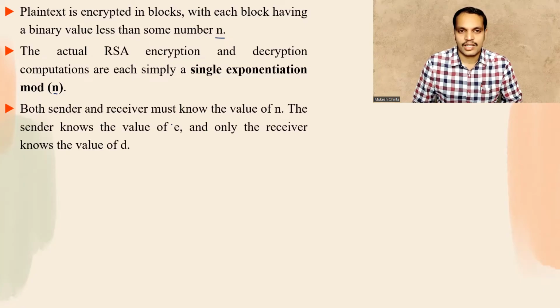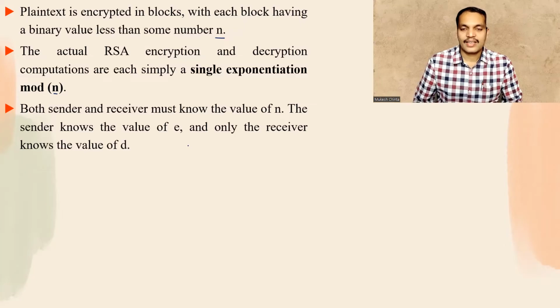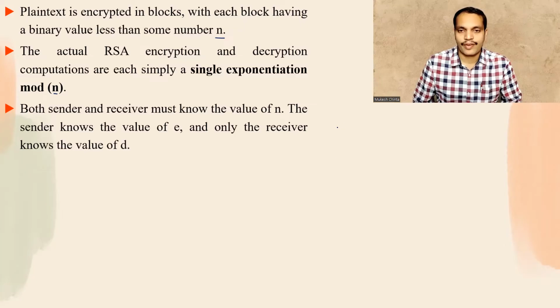Both the sender and receiver must know the value of n. The sender knows the value of e, and only the receiver knows the value of d. In asymmetric cryptography, as I told you, if a particular user A is present, he will have one key called the public key, denoted by PUA, and a paired one called the private key, which is kept secret.